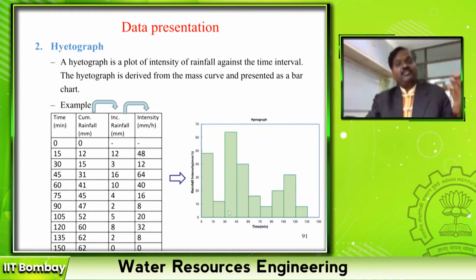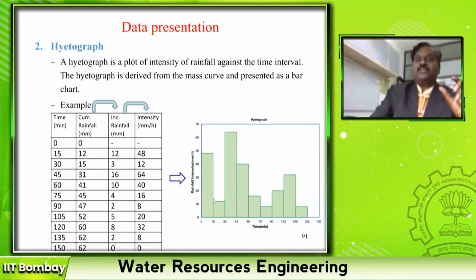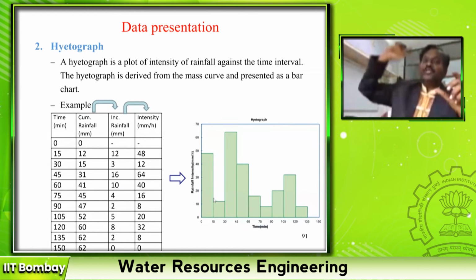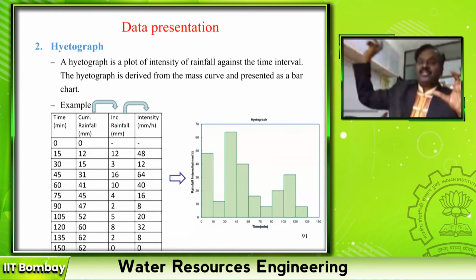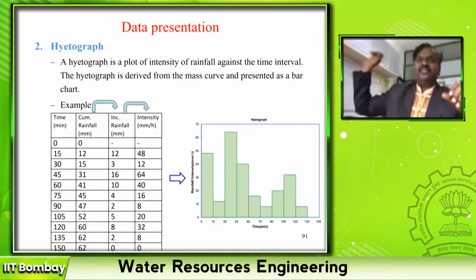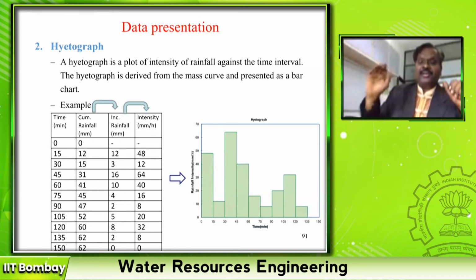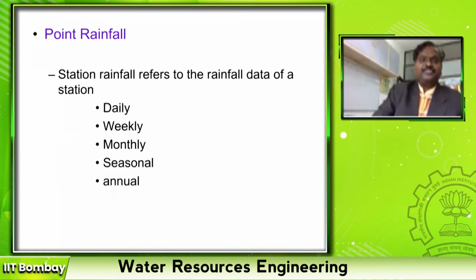These are all ways of presentation, but you have to understand them because they are very useful in later chapters like runoff estimation, infiltration estimation and evapotranspiration estimation. So rainfall can be represented as a rainfall mass curve or hyetograph.